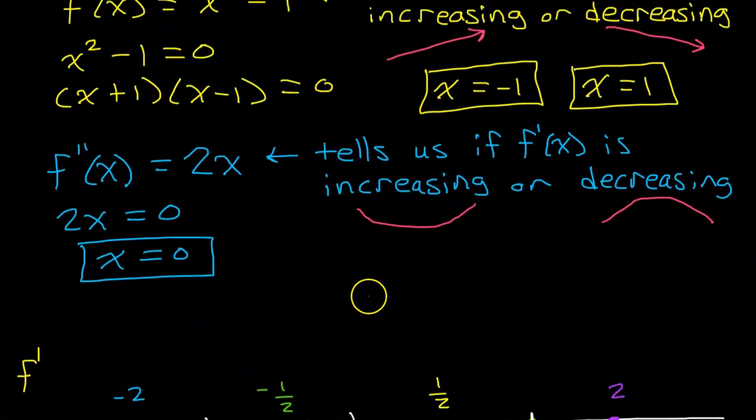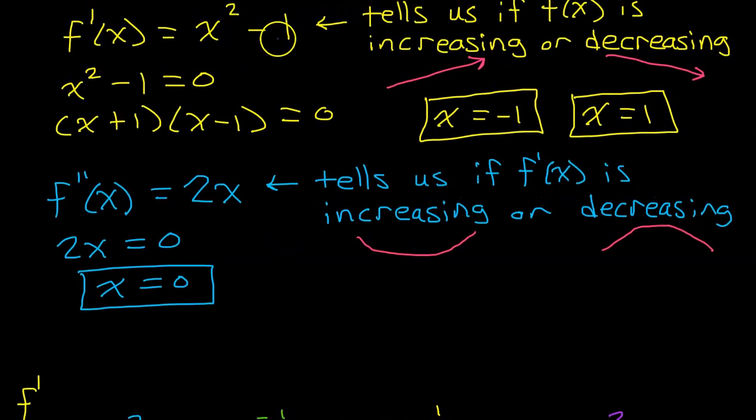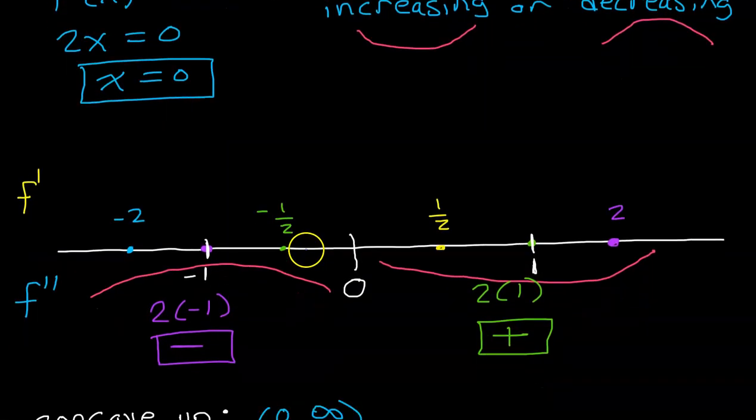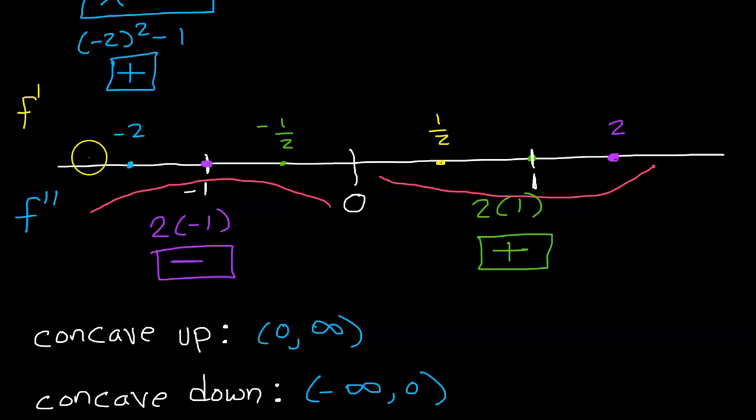And we are using the first derivative, which remember is x squared minus 1. Keep that in your mind. So that will make this -2 squared minus 1. And that's going to be 4 minus 1, which will be a positive value. And first derivative just tells us if the function is increasing or decreasing.